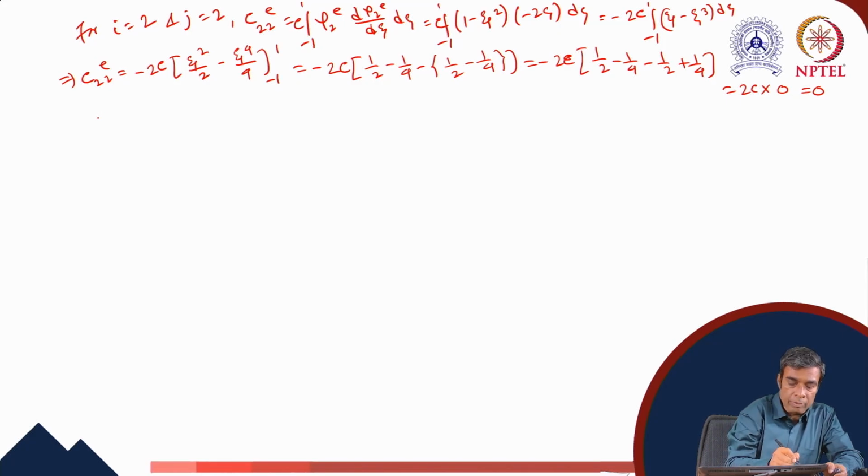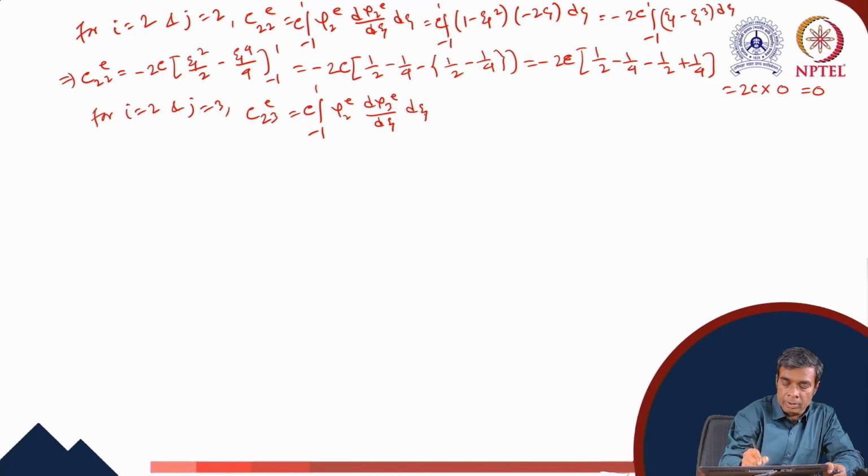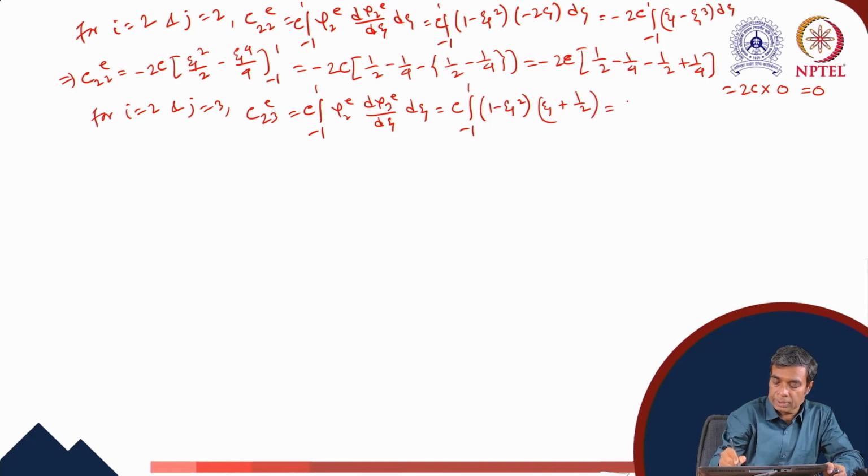Finally, for the last term in the second row, we have i equals 2 and j equals 3, C23e equals c into integration from -1 to 1 of psi 2e d psi 3e d xi, equals c into integration from -1 to 1 of (1 minus xi square) into (xi plus half). This gives us c by 2 integration from -1 to 1 of (1 minus xi square) into (2 xi plus 1) d xi.